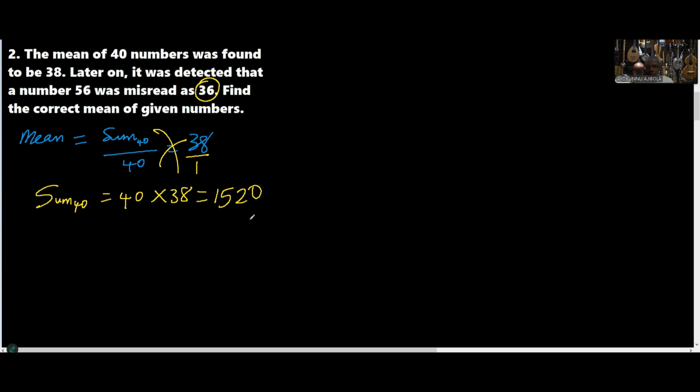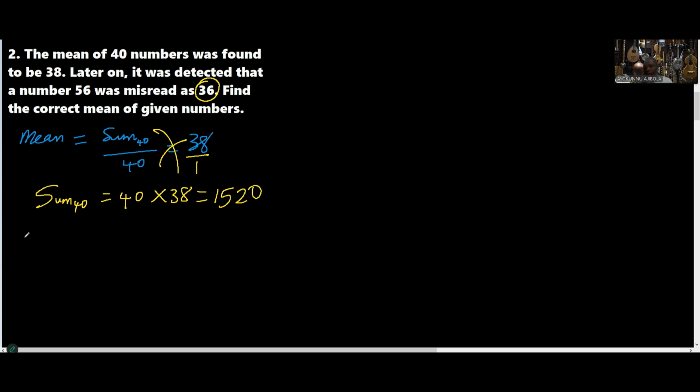So that means the sum is supposed to be greater than this, because a number that was 56 was calculated as 36. So find the correct mean of the given numbers. So what are we supposed to do now? We're supposed to add the remaining value to make 56.